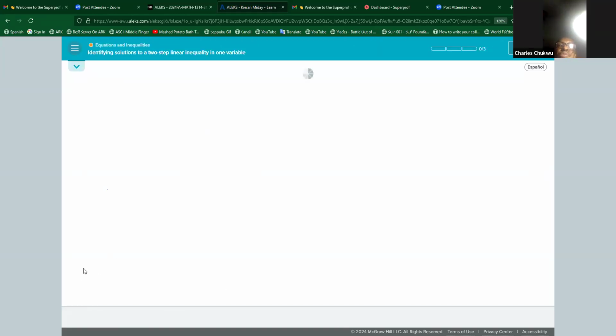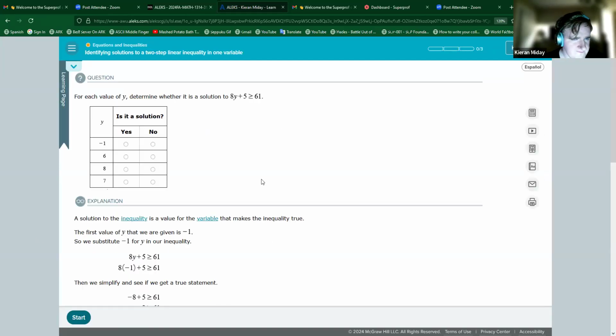Okay, so you're 4 projects away, right? So what's this one? For each value of y, determine whether it's a solution to 8y plus 5 greater than or equal to 61. For this one, we'll be substituting for y.